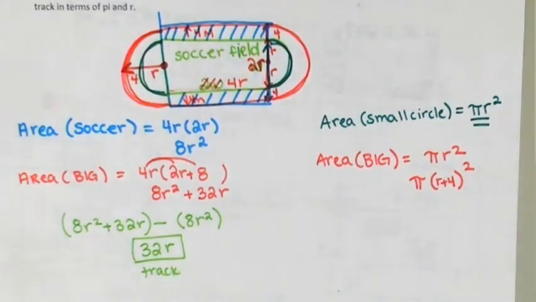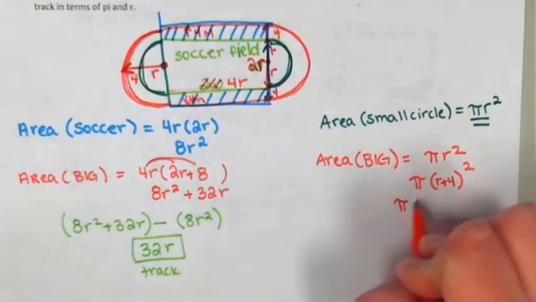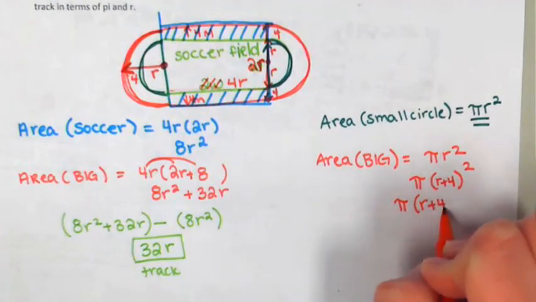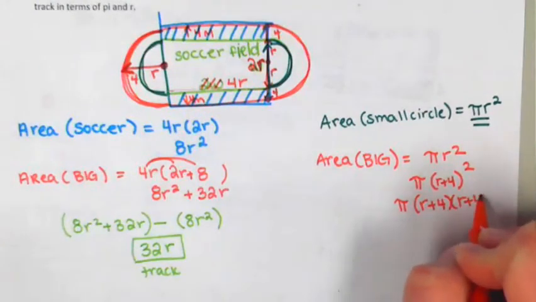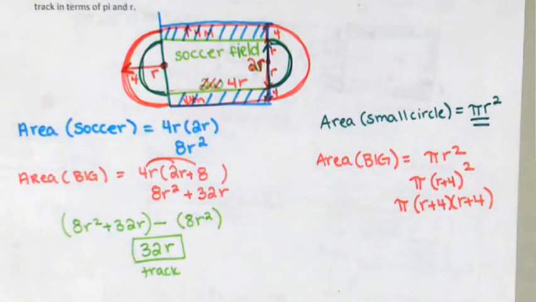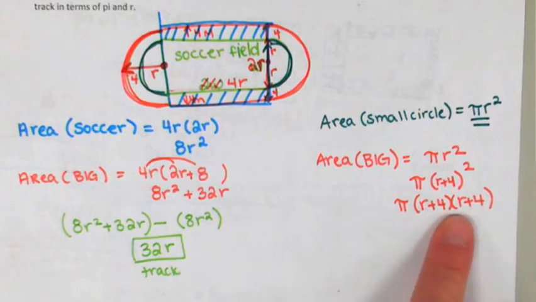Okay, now R plus 4 squared is not R squared plus 16, is it? No, because R plus 4 squared, doesn't that mean R plus 4 times R plus 4? Yeah, because the square says that occurs how many times? 2 times. Now, what do I have to do here?